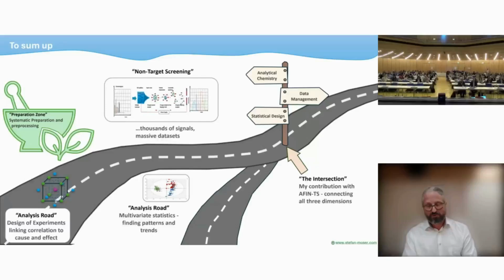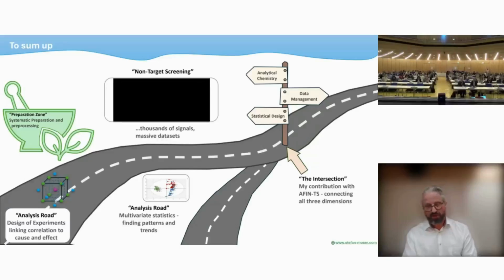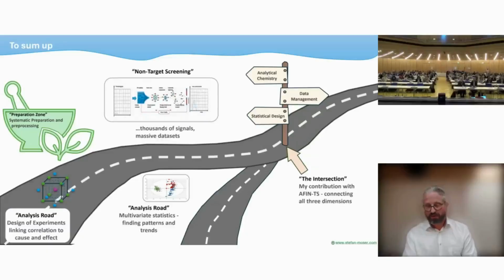My contribution, together with ICNTS, is exactly at this intersection, connecting analytical chemistry, data management, and statistical design. The future of non-target screening lies in the combination of laboratory practice, statistics, and data science.